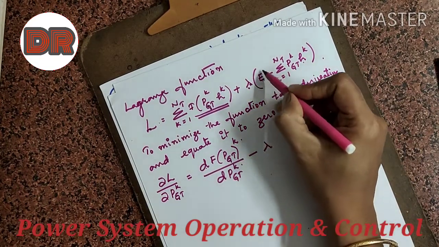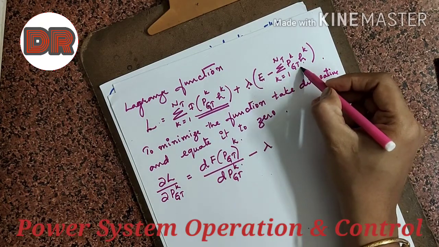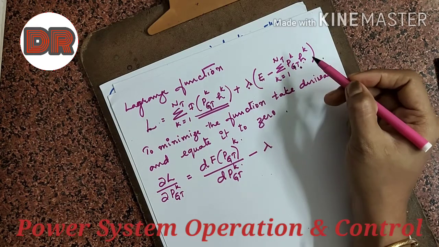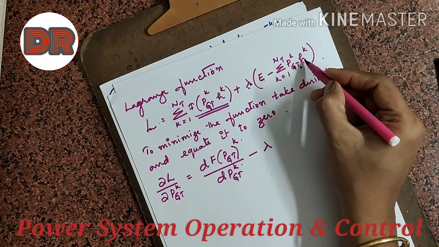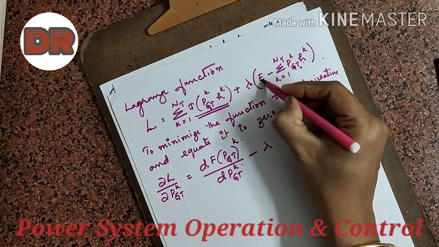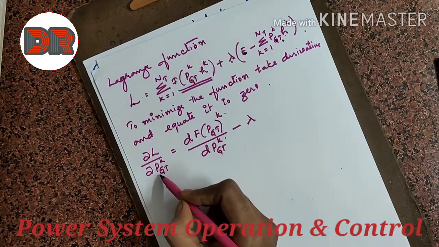So E is 0 minus this. I can write the differentiation of this with respect to PGT gives me 1, whereas this is a constant, this is anyway constant. Why? Because this depends on PGH, but here we will be differentiating with respect to PGT.